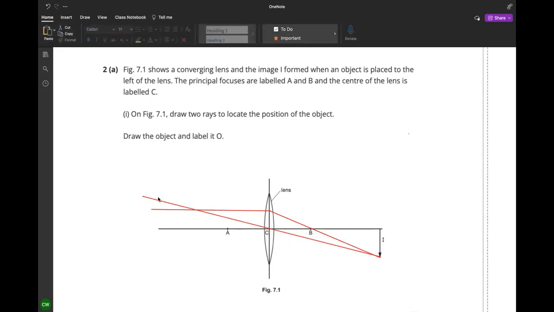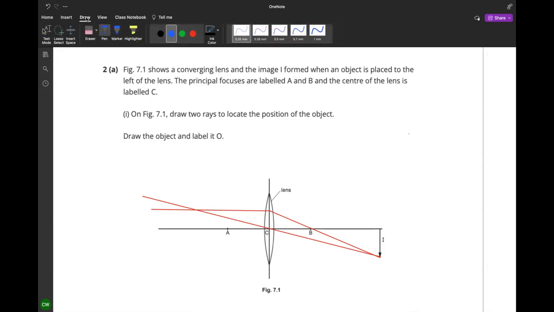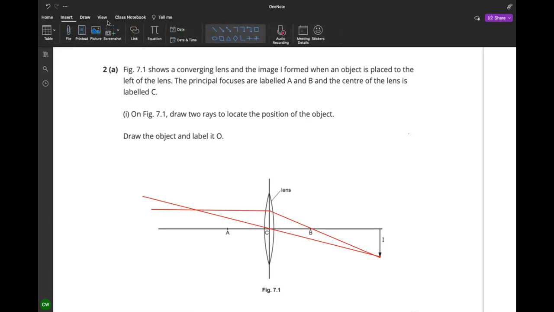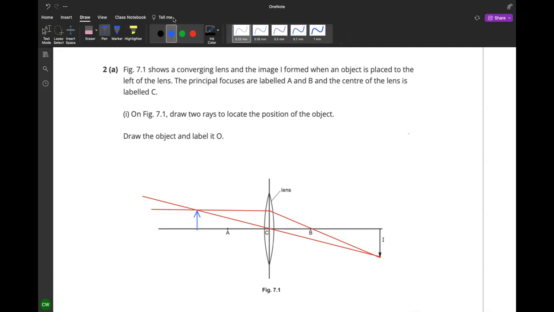So when you draw something like this, then the intersecting point will be the object. Correct or not? So the ray supposed to be coming here, going down, then meet like that. So this is the object.